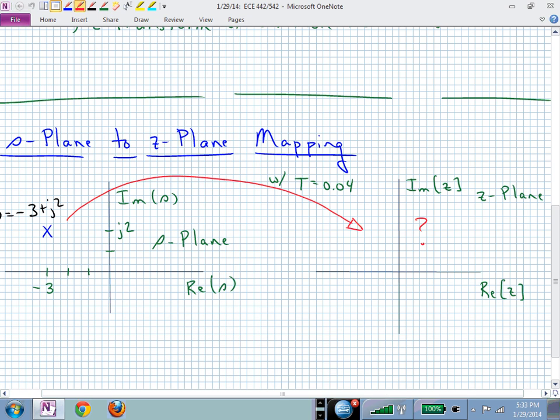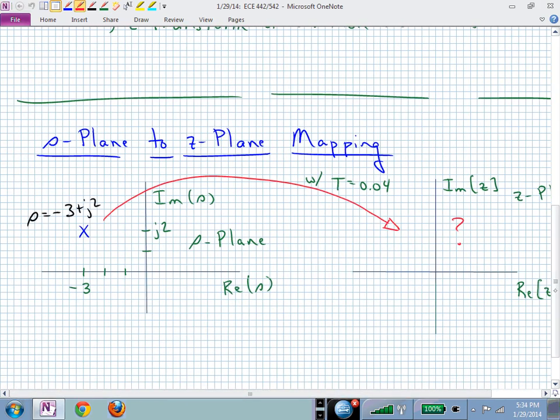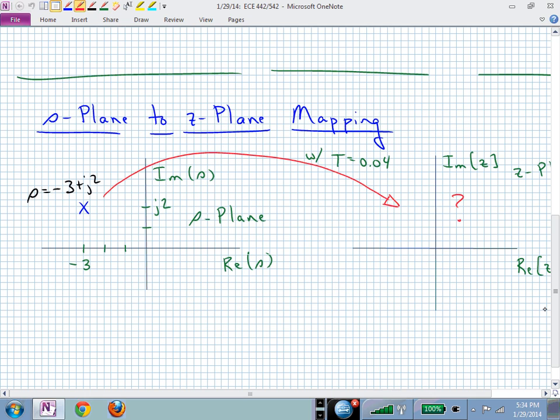We would like to know, if we are someplace in the S-plane, and in particular last time we located a pole or a value at the location -3 plus j2, where that is going to map in the Z-plane. Based on your previous answer, if we had that anywhere in the left half side of the S-plane, we know it has to be mapped somewhere inside the unit circle in the Z-plane.